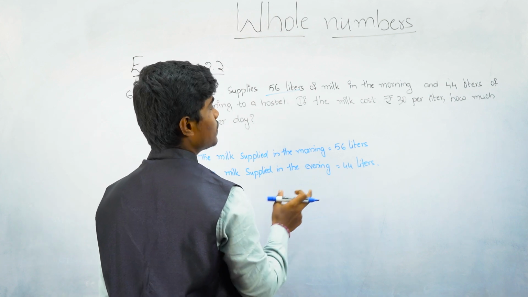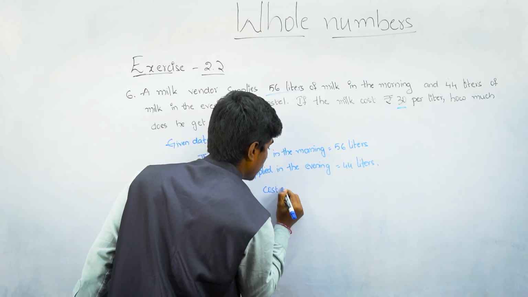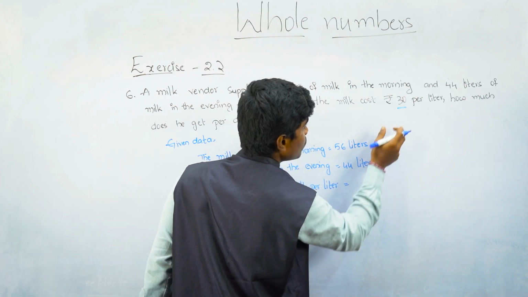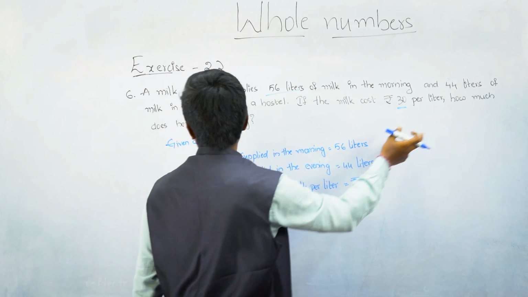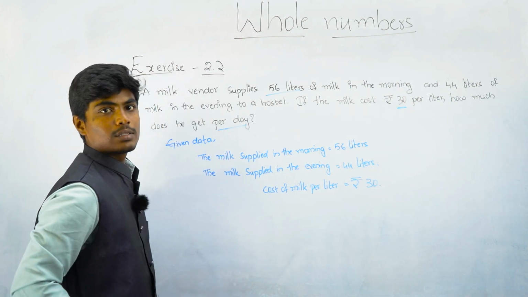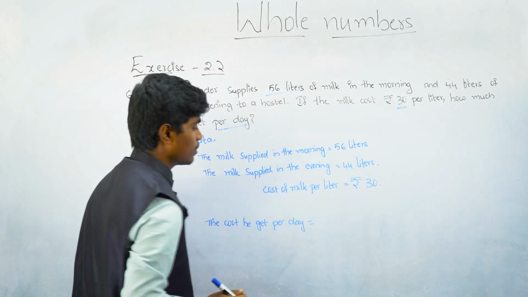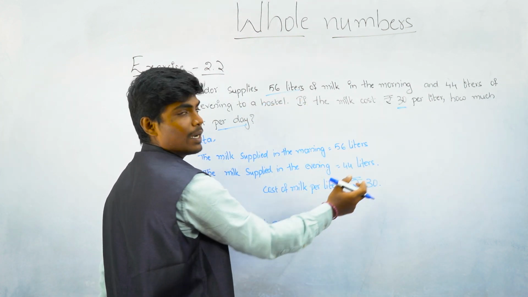The cost of milk per liter is 30 rupees. Now, he asked how much he gets per day. The cost he gets per day equals the morning supplied milk cost plus the evening supplied milk cost.